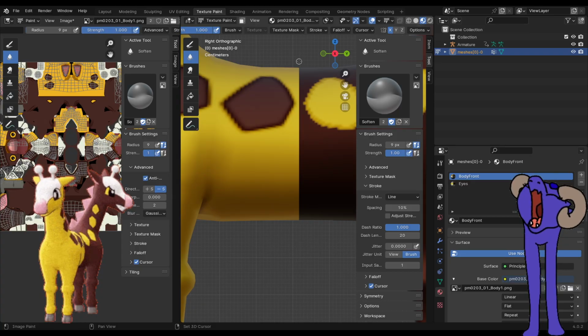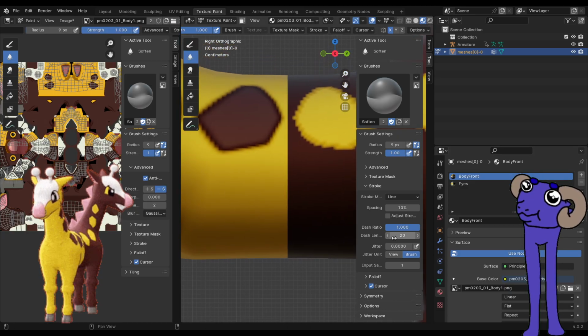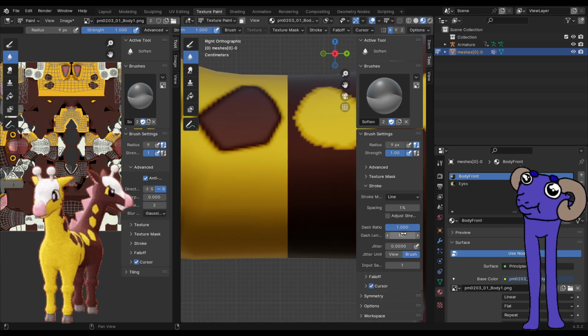And I should be able to just... Isn't that working well? Huh. Oh, spacing.